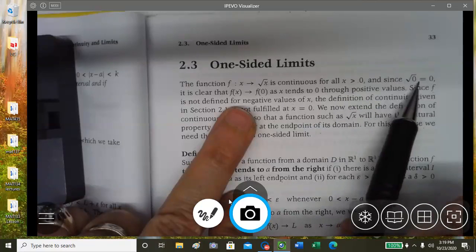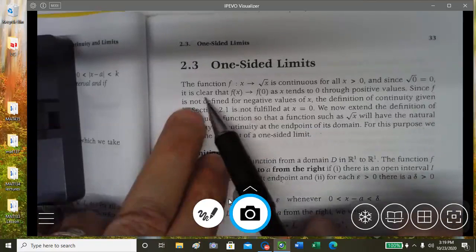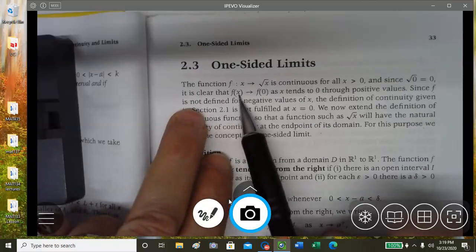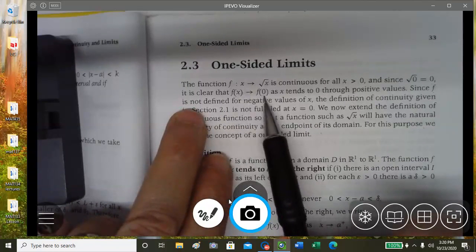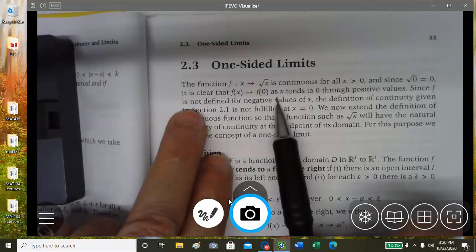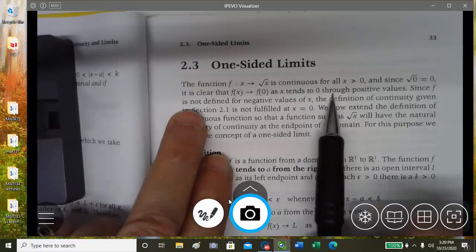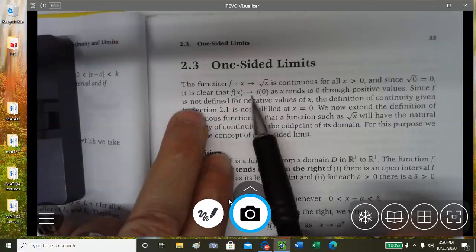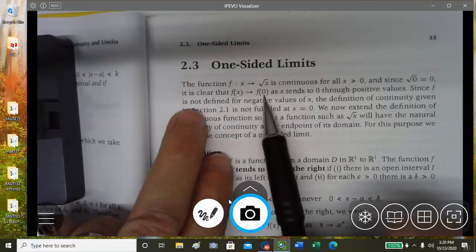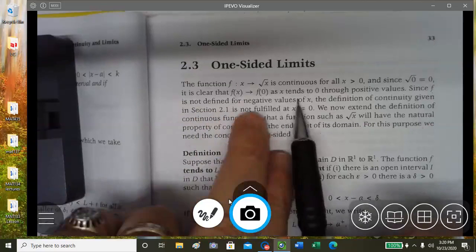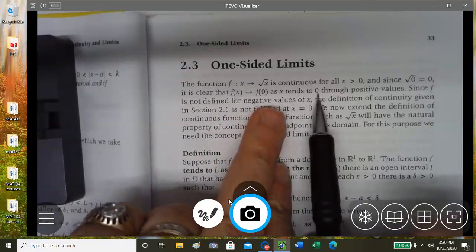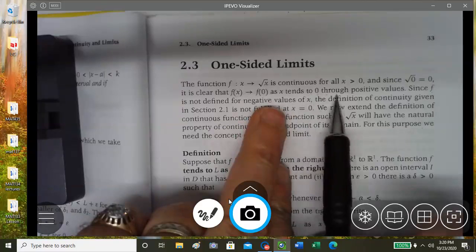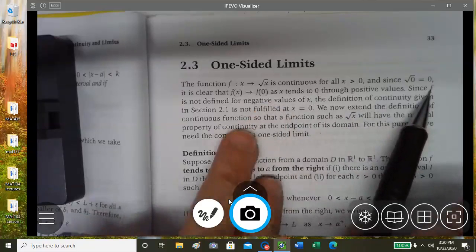Since the square root of 0 equals 0, it is clear that f of x tends towards f of 0 as x tends to 0 through positive values.